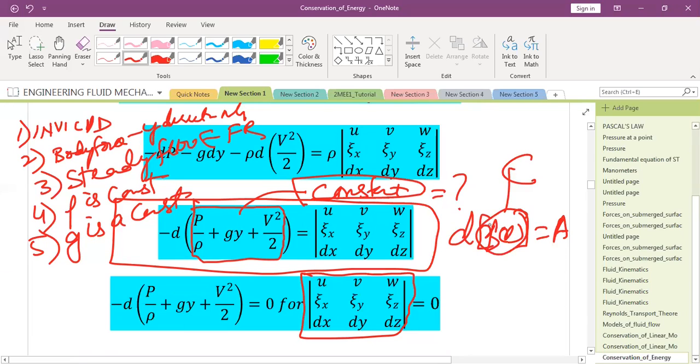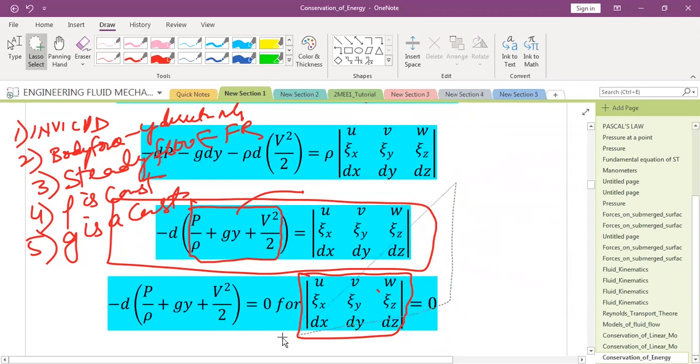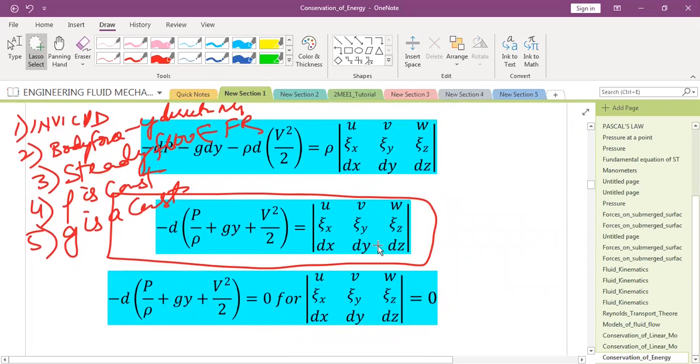What does that mean? Derivative of this should be equal to 0. So derivative of this term, if it is equal to 0, it means that this is a constant. Any doubts to anyone? Please ask me if a little bit of confusion is also there. Don't ever hesitate. Is that clear or not?